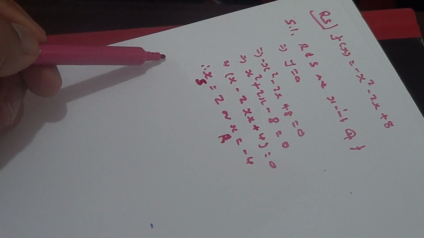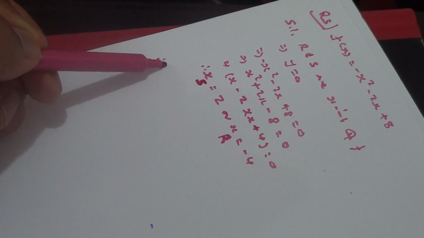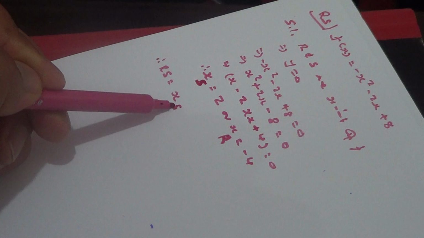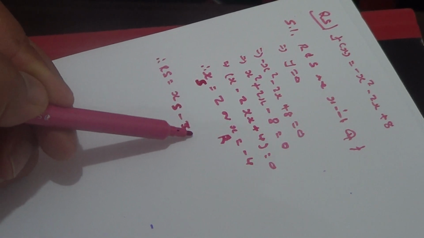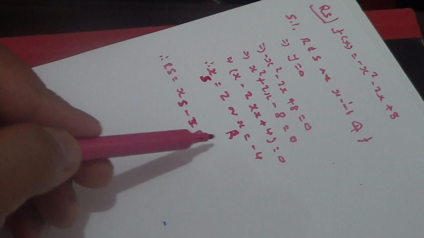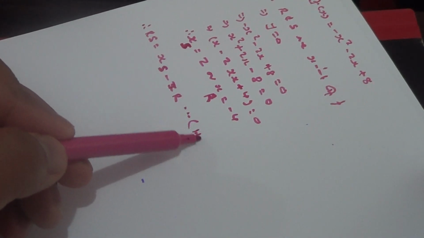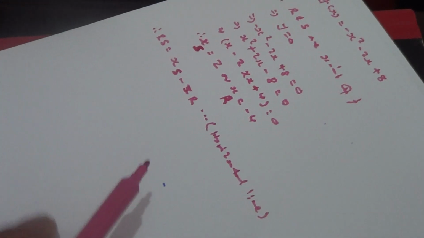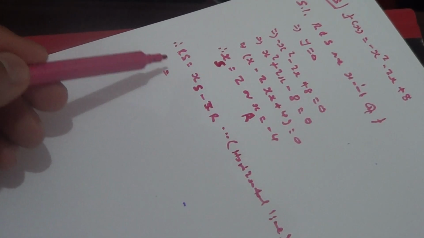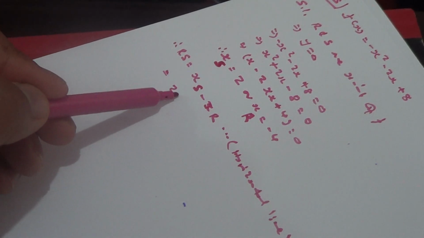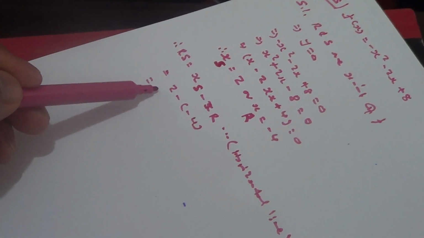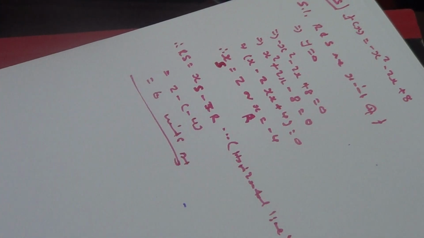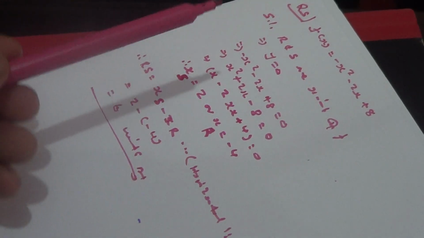So we can say, therefore RS is going to be x at S minus x at R, because it's a horizontal line. Which is equal to, what was that? This was 2 minus minus 4, so this gives us 6 units. So we found our answer, nice and easy.